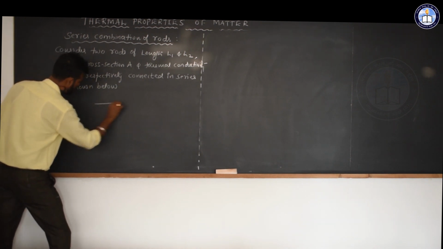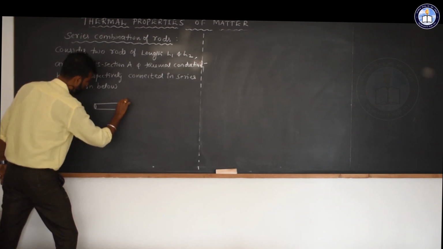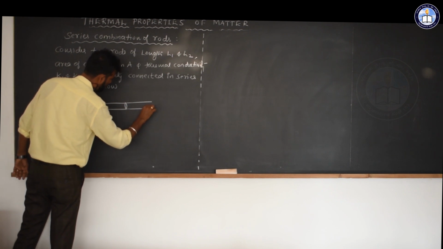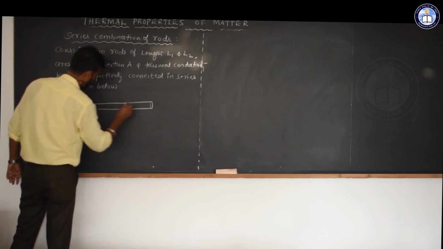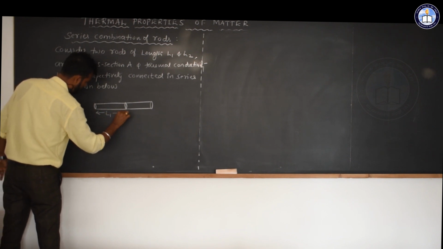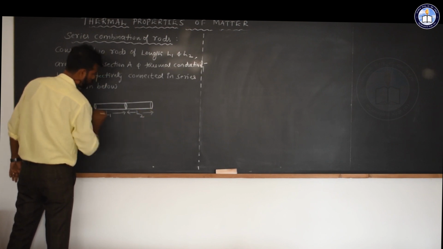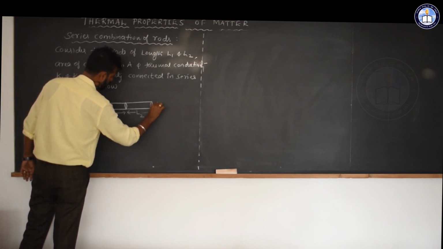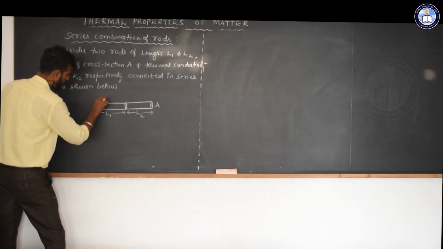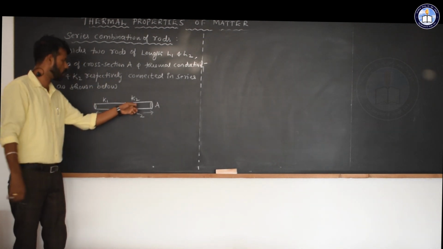That means here we consider two rods of different length. This is of length L1, another rod is of length L2. Area of cross section is A, both rods having the same area of cross section, with thermal conductivity K1 and K2, connected end to end.